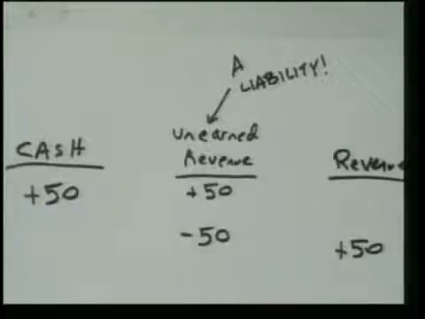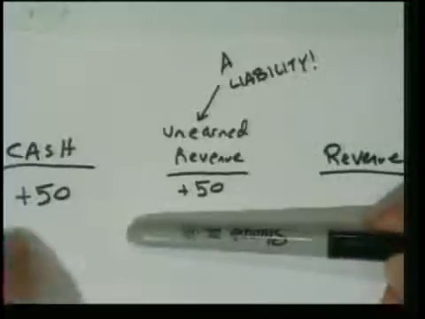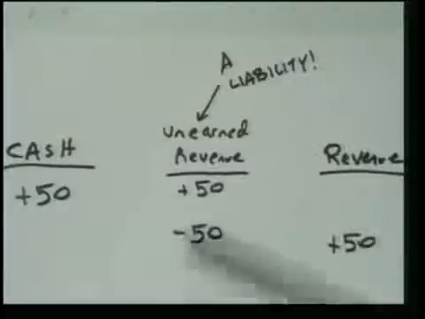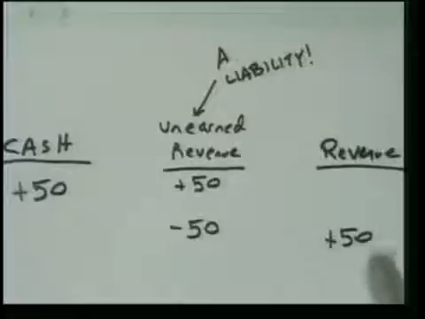Does that make sense? And of course, me as the customer, I don't know you're making this entry. I really don't care, right? But for your books, taking one more look at this, when you got the cash, cash went up by 50, unearned revenue, liability, went up by 50. When you provided the service, unearned revenue, liability, was decreased, and your revenue, you could book it as revenue at that point. Cool? Okay, let's talk about these other principles.